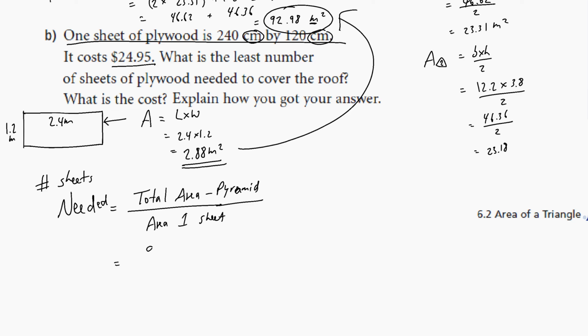So the total area is 92.98 meters squared divided by 2.88 meters squared. They're both meters squared.